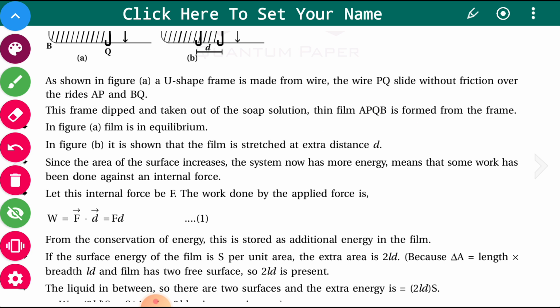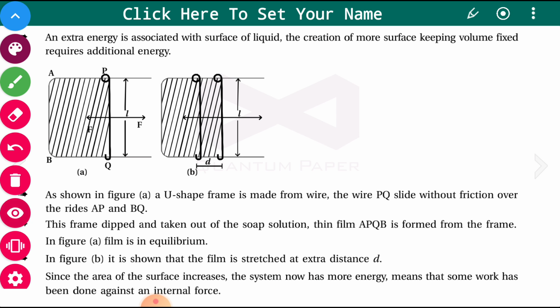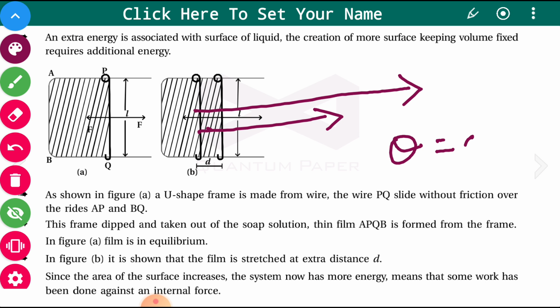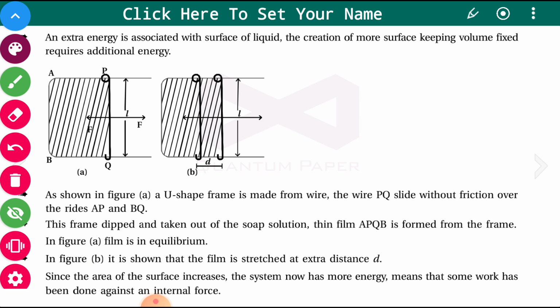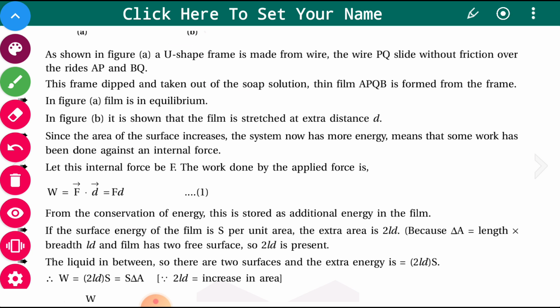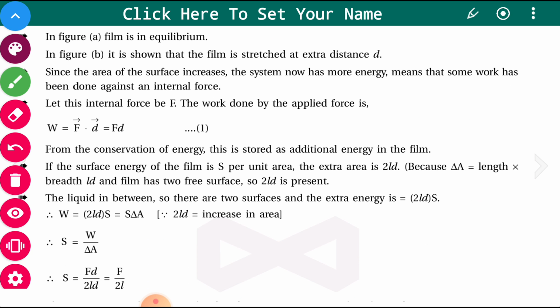So the angle between them is 0. So we can write W is equal to Fd cos 0, that is F into d.